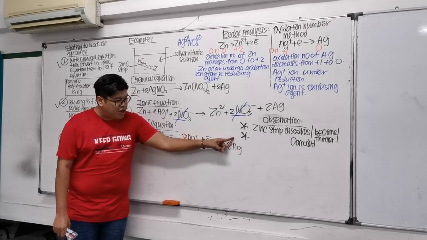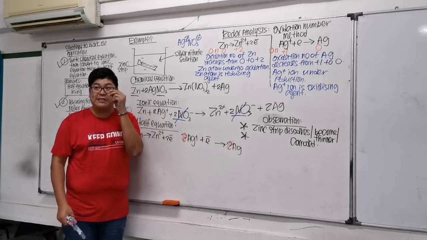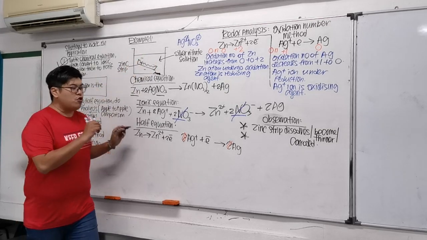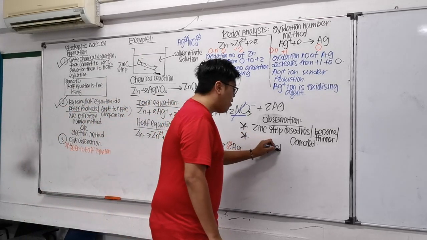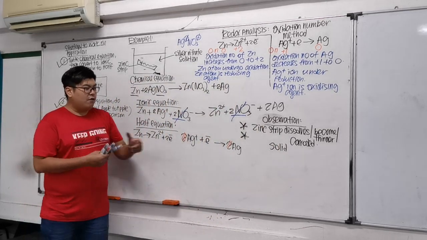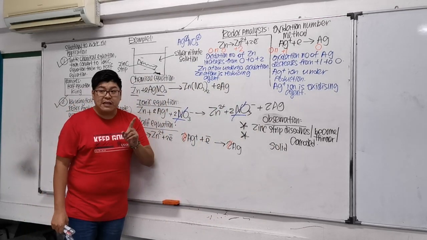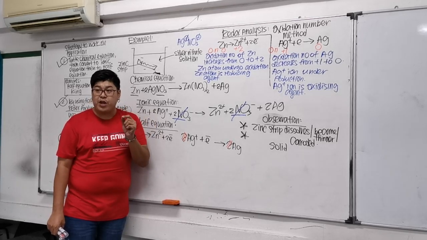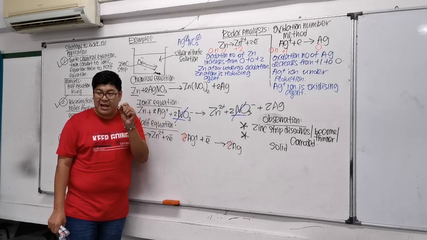Every time you produce a metal, you will expect to see some solid thingy here. Now the problem is what? What is the color for the silver metal? So listen carefully. All metals in chemistry or in science, they are grey color.